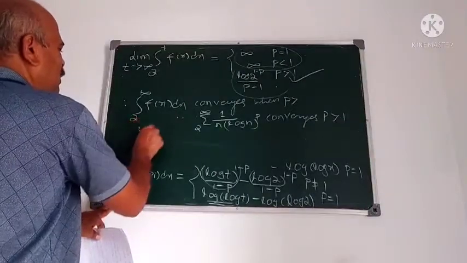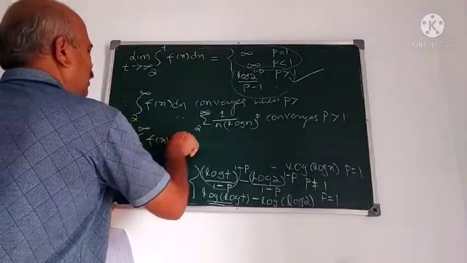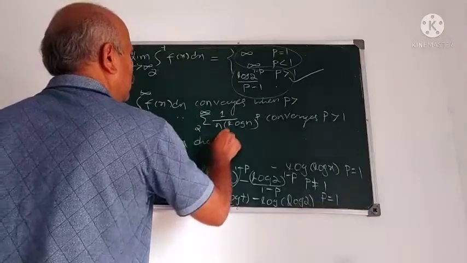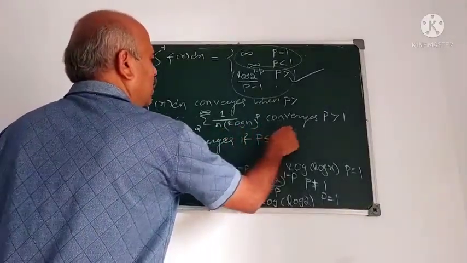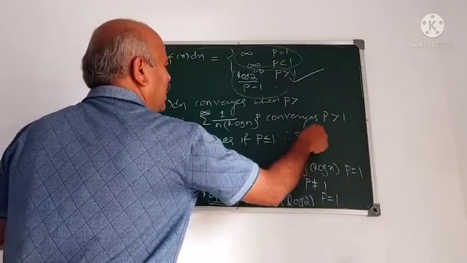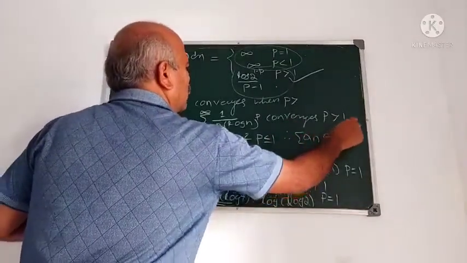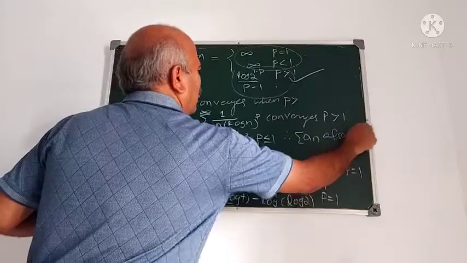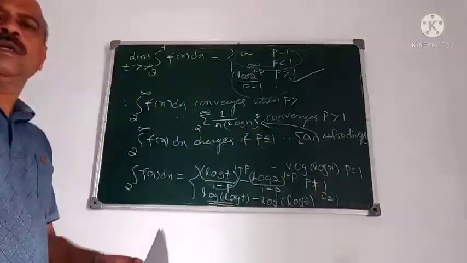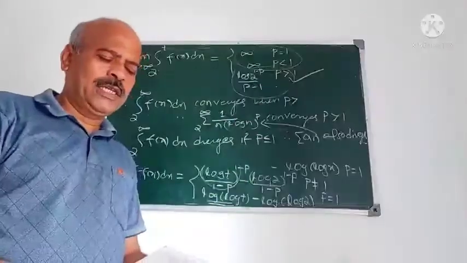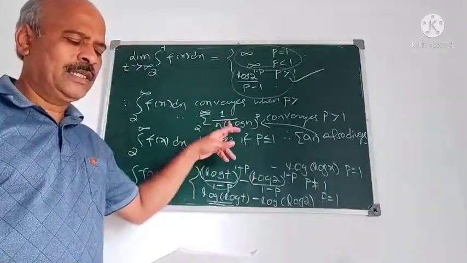And the integral from 2 to infinity of f(x) dx diverges if p is less than or equal to 1. Therefore, sigma a_n also diverges when p is less than or equal to 1. So we can apply Cauchy's integral test like this.